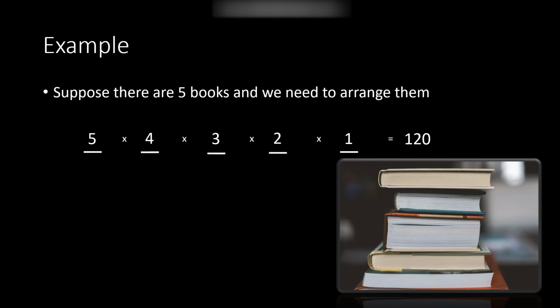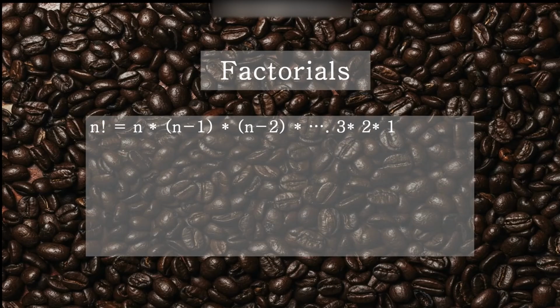So let us quickly see what factorials are. When I talk about n factorial, it is denoted as n!, called n factorial. It would be solved as n times n minus 1 times n minus 2 times, till the time you reach 1.